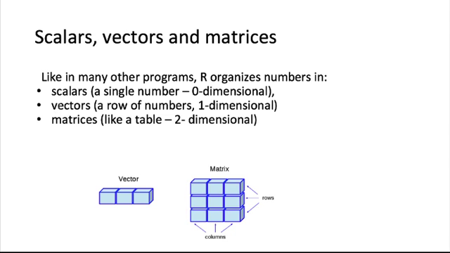But we can also create vectors and matrices. And a scalar is just a single number. The number 2, for instance, is stored in a scalar. But vectors and matrices take on dimensions. So let's talk a bit about each of these in turn.